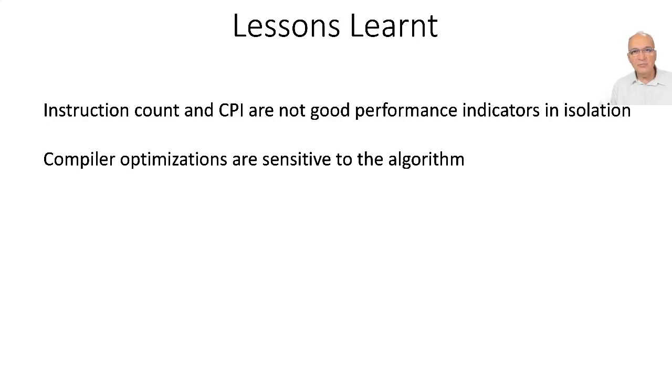The compiler optimizations are sensitive to the algorithm. If you have a very simple algorithm, the more sophisticated compiler optimizations are not going to have much additional work to do or additional performance benefits to obtain from the code. However, if you have more sophisticated applications, there might be more opportunities for the compiler to optimize your code.